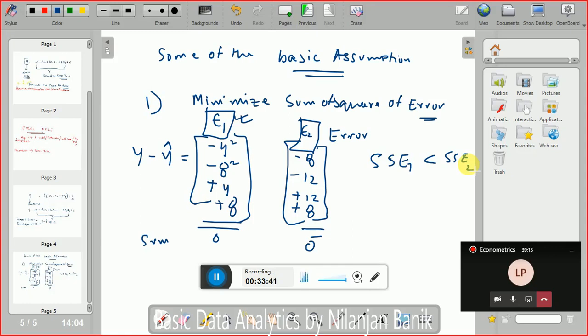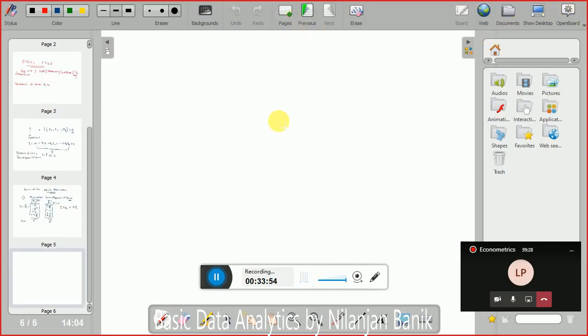So what are the other assumptions that we made in the previous class? Anyone? One is to minimize the sum of square of error, and the methodology which gives me minimum sum of square of error is what we are calling OLS, ordinary least square.